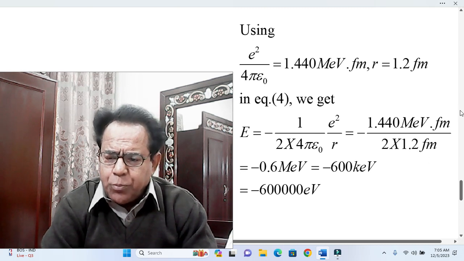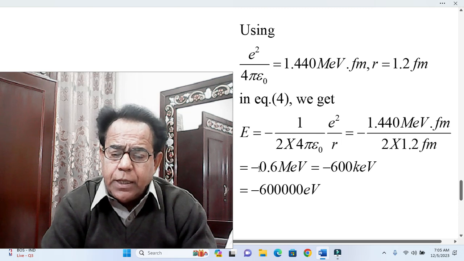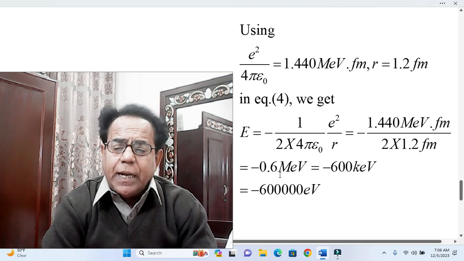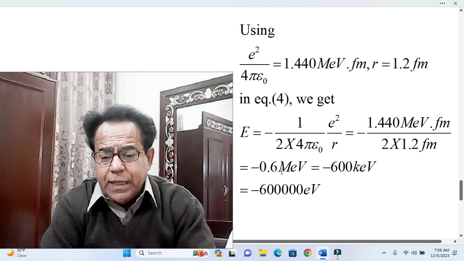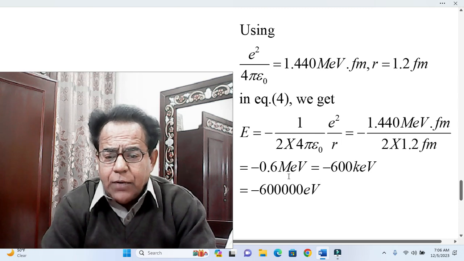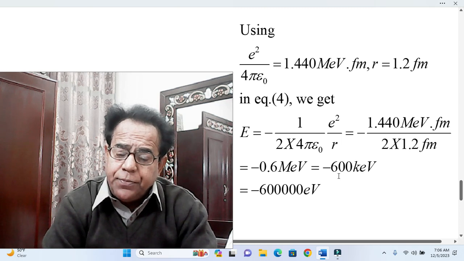Here femtometer will be cancelled with femtometer and only million electron volt will be left, and hence total energy will become equal to minus 0.6 million electron volt. Here we can convert million into kilo. If we convert it into kilo electron volt, then it will become minus 600 kilo electron volt.